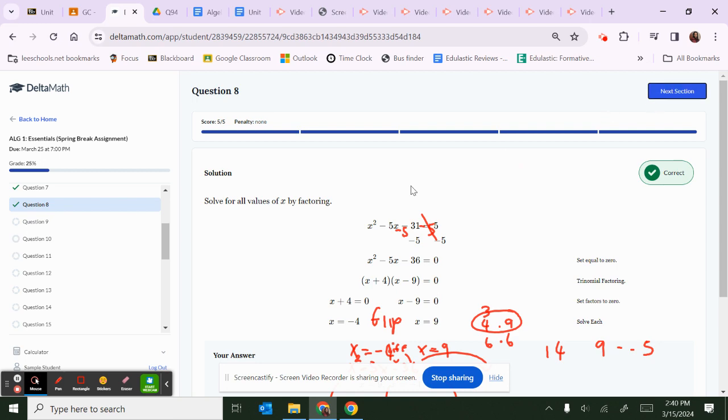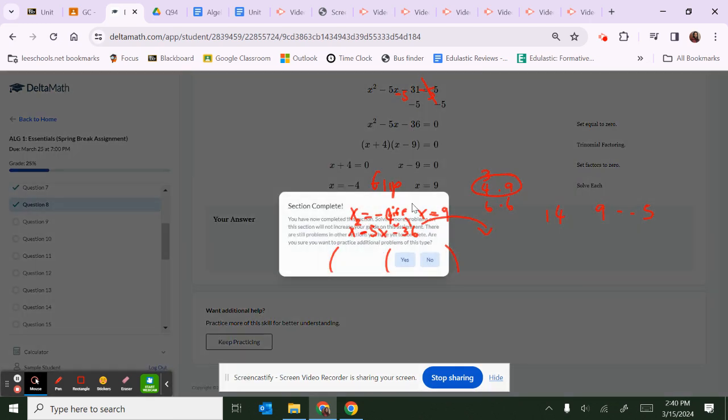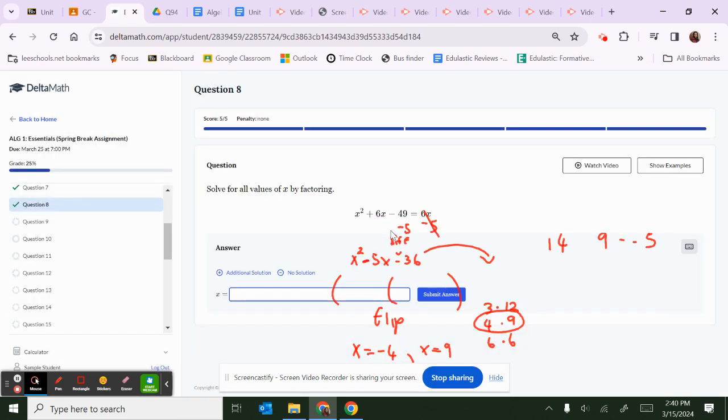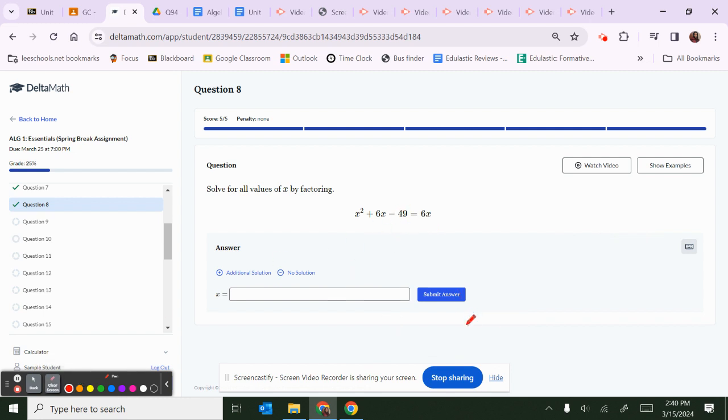So again, guys, I am going to keep on practicing. The reason is because I wanted you guys to see problems not like this one, because this one is similar to one we've done before. So subtract 6x, cancel. So I have x squared minus 49.